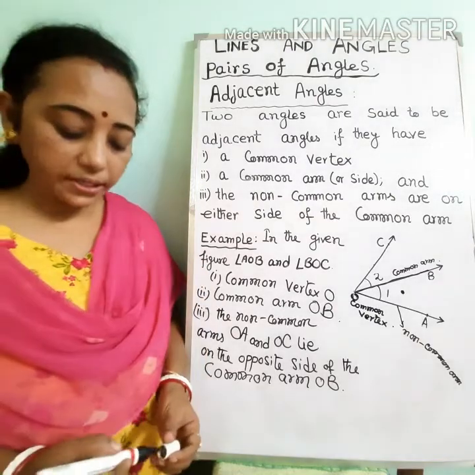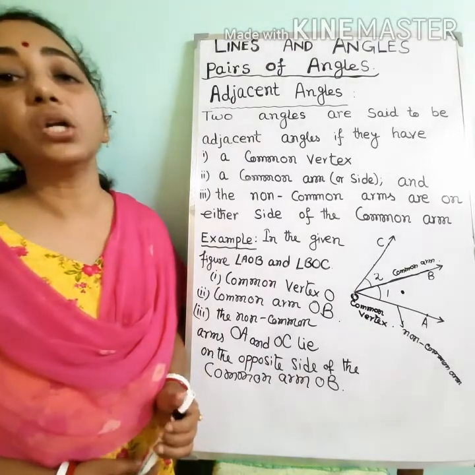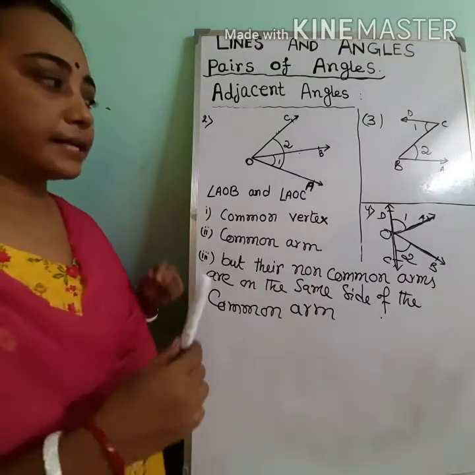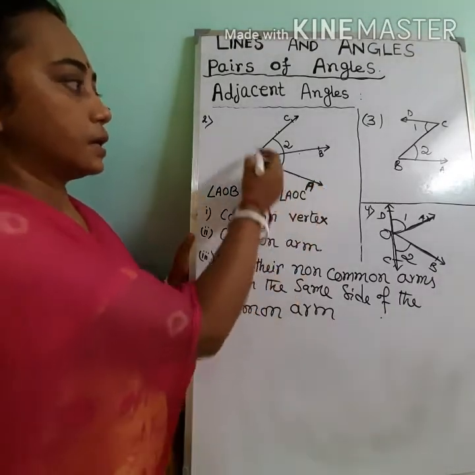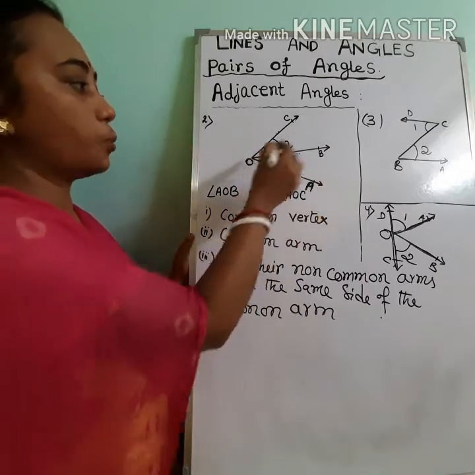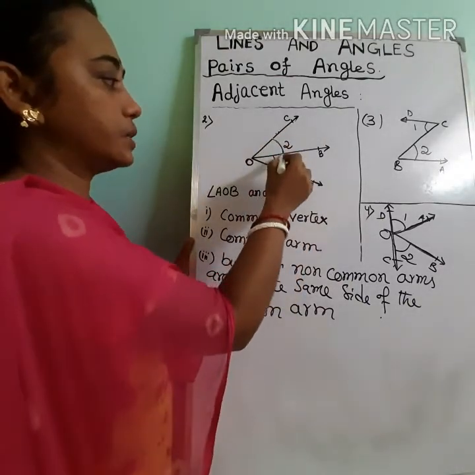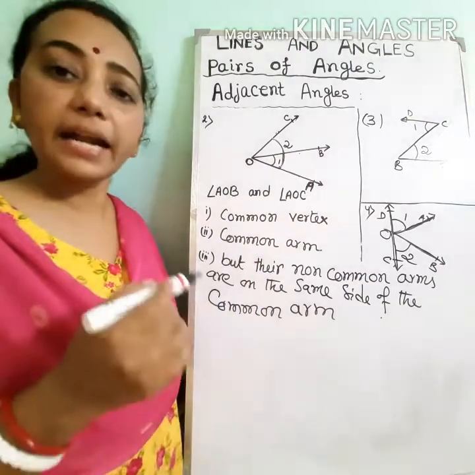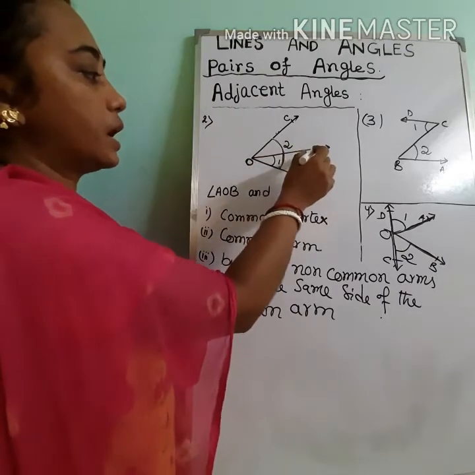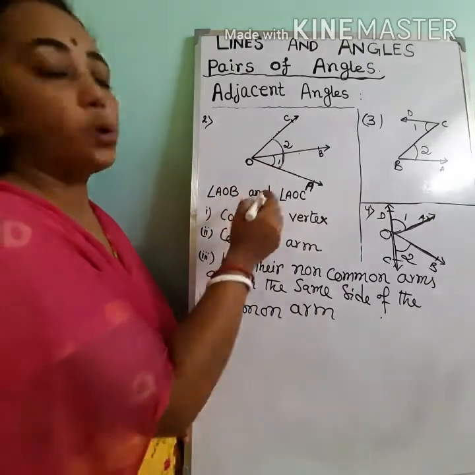Let's see some more examples to understand when two angles are adjacent angles and when they are not. Now let us see another example. In the given figure, two angles are shown: angle AOB is named angle 1 and angle AOC is named angle 2. Are these two angles adjacent angles? Angle AOB has vertex O and angle AOC has vertex O, so both have a common vertex.